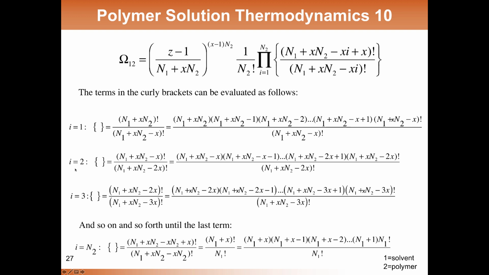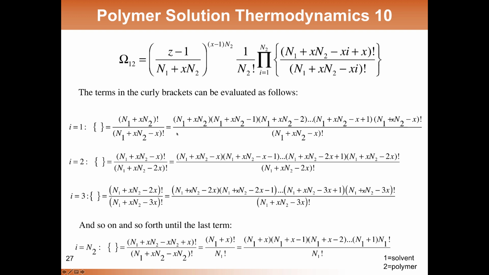Likewise, for the number of ways of arranging the second polymer molecule, I can write it out in exactly the same way, and it starts at (n1 + xn2 - x) times (n1 + xn2 - x - 1), and so on and so forth, until you get down to the term that cancels with the denominator. And likewise for the third term.